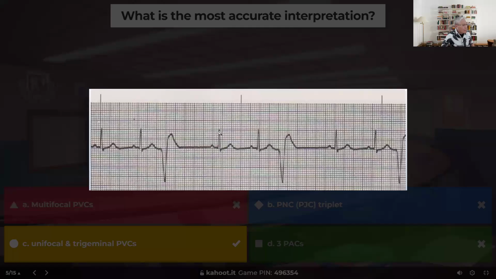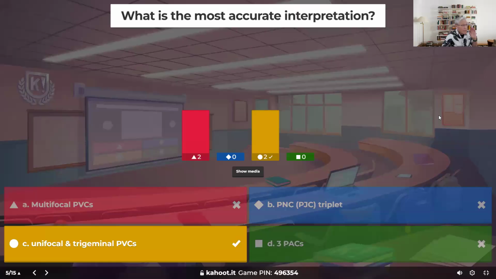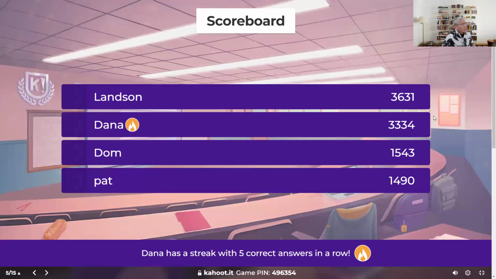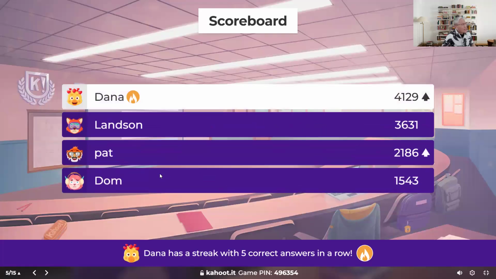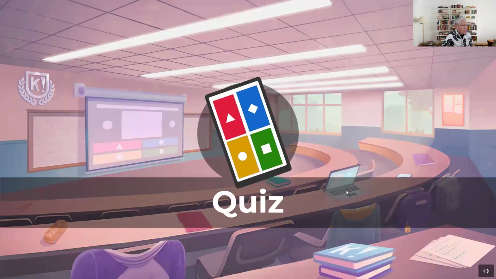It's every third beat, and this is what is known as trigeminy. And they all look the same, and that is why we call this unifocal. It's not important as long as you identified the PVCs. Okay, so again, the fastest is Dana, and Lanson is the runner-up. And let's go to the next one.